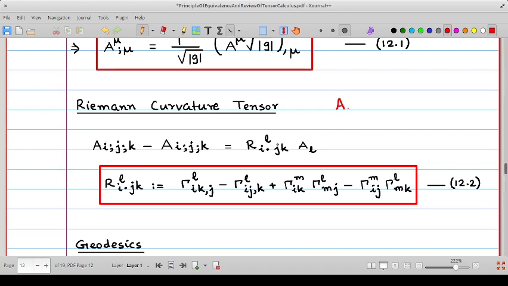If I have a covariant vector A, then A_i;j;k, so that is the covariant derivative of A_i with respect to x^j first and then with respect to x^k, minus A_i;k;j, the derivative with respect to x^k first followed by the derivative with respect to x^j.